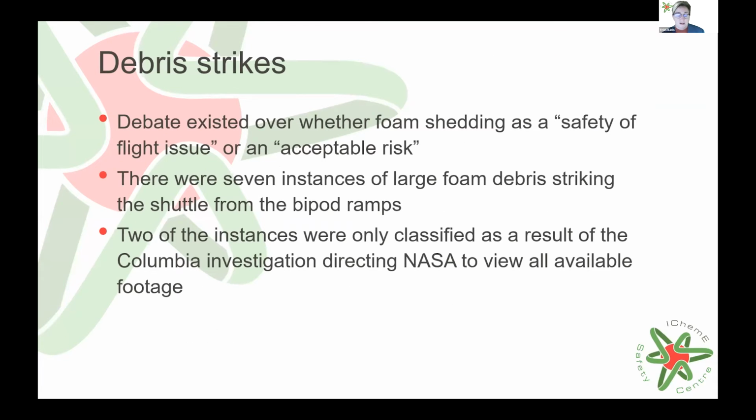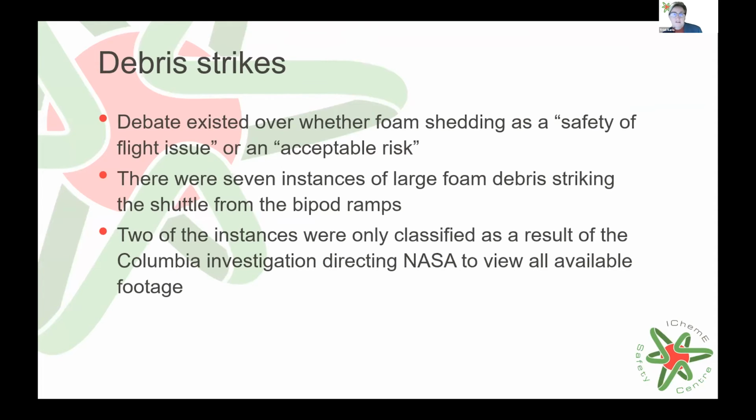With the debris strike, they had actually normalized it to the point that it was a no safety of flight issue. It was an acceptable risk. There was no safety issue at all. They had discounted the idea that there was ever going to be a problem.